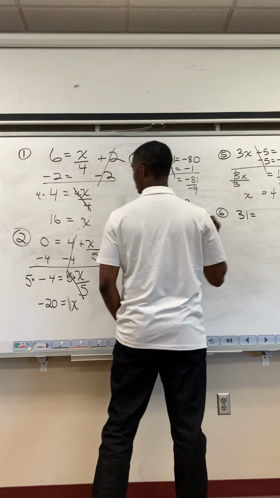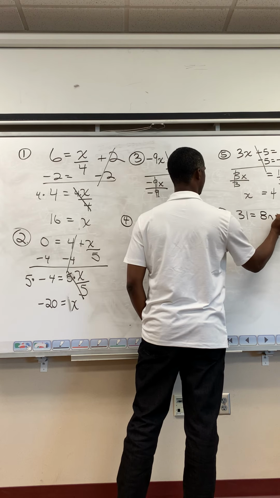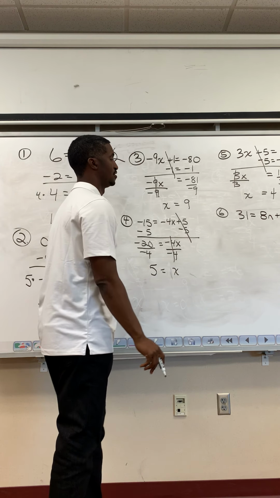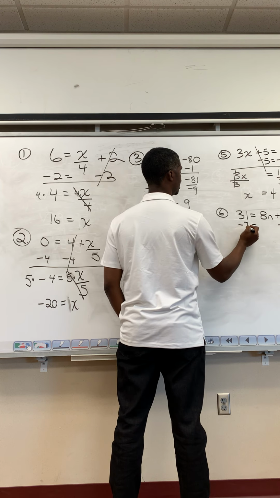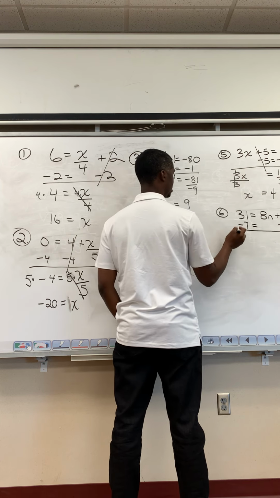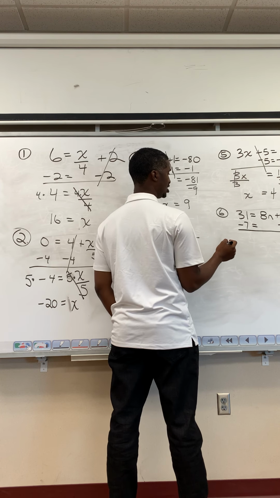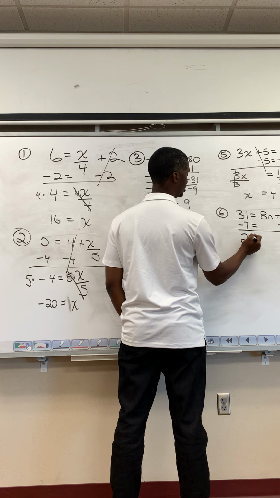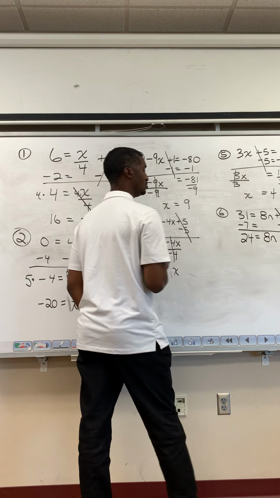31 is equal to 8n plus 7. First thing I'm gonna do is subtract 7 on both sides. That's gonna leave us with, can't count. What is that? 24 is equal to 8n, and that becomes 0.